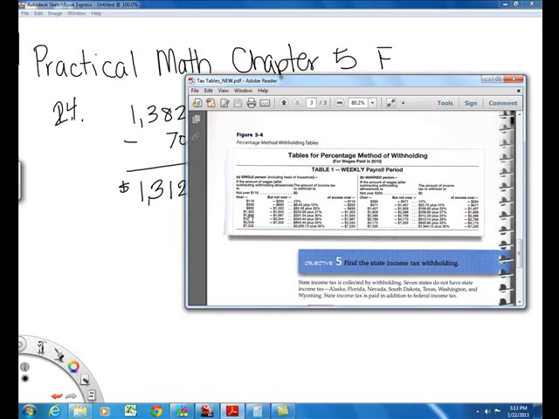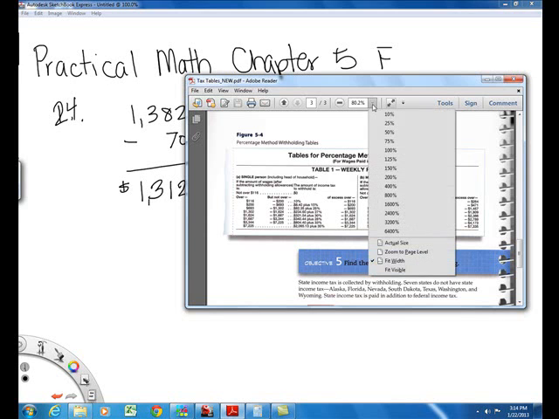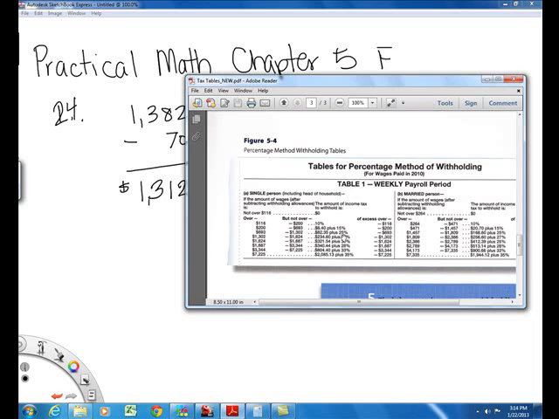Let me make it bigger. Okay, so $1,312 will go between $1,302 and $1,624, and it tells me that my calculations will be $234.60 plus 27% of everything in excess of $1,302.